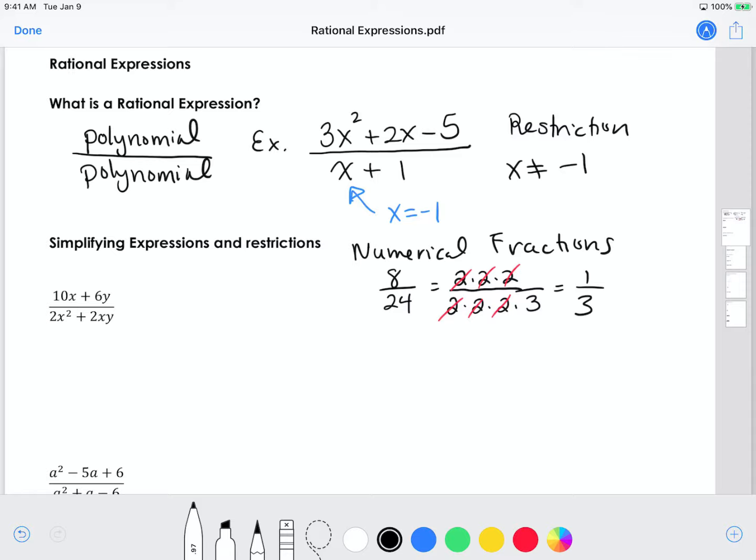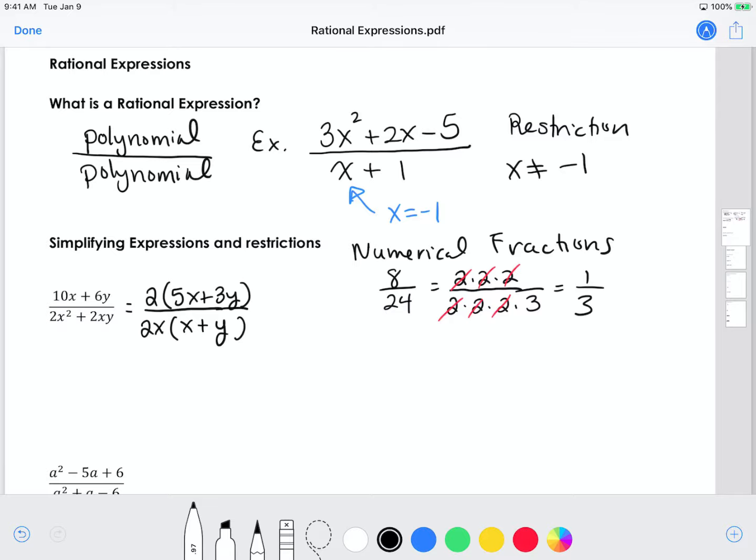So we're going to use that same technique. When we simplify rational expressions, we're going to factor, then cross off the factors that are in common in the numerator and the denominator. In this example, if I factor the numerator, I can factor out a 2, and what I would have left is 5x plus 3y. Then I can factor the denominator and pull out a 2x, and what I would have left over is x plus y.